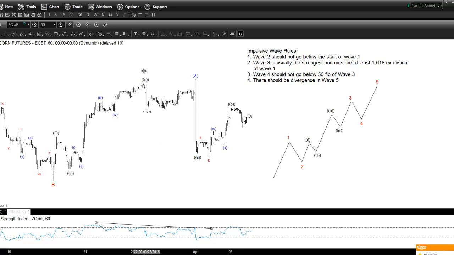The first divergence is in the wave 5 of 3, and then the second divergence is in the wave 5 itself. And then the strongest momentum should be in the wave 3 of 3. So those are some of the rules of the impulsive waves.